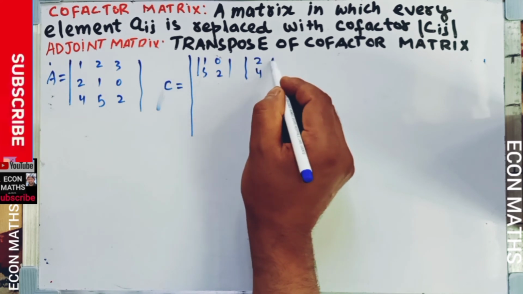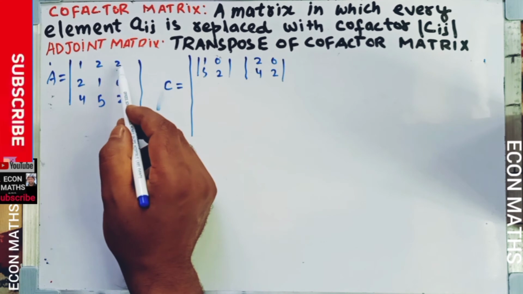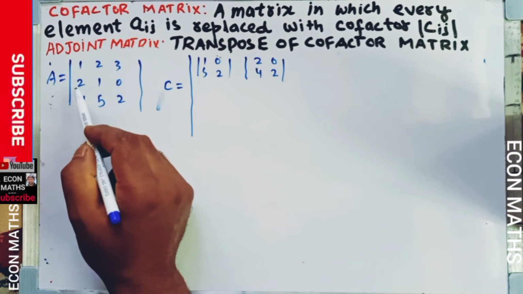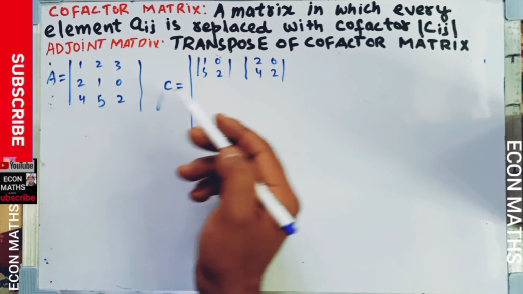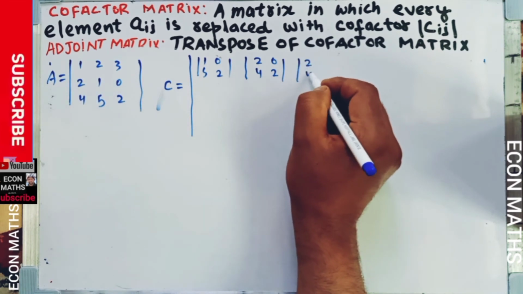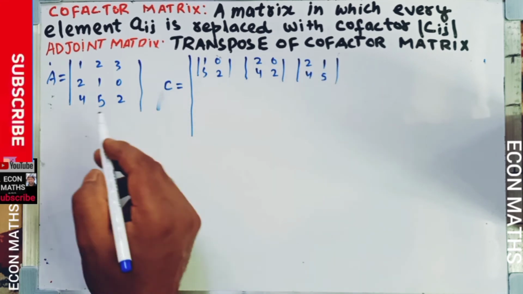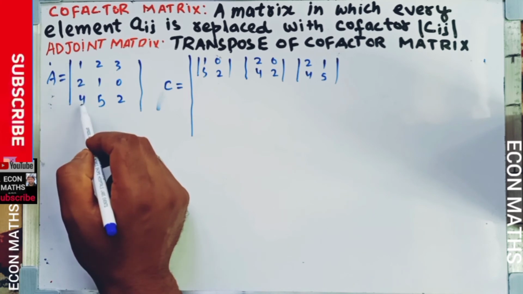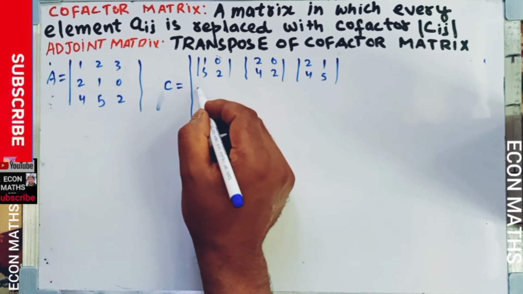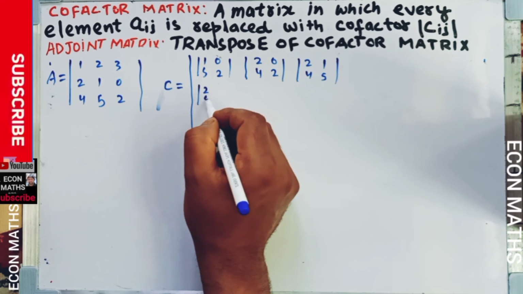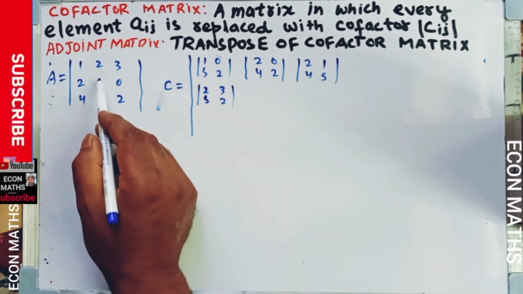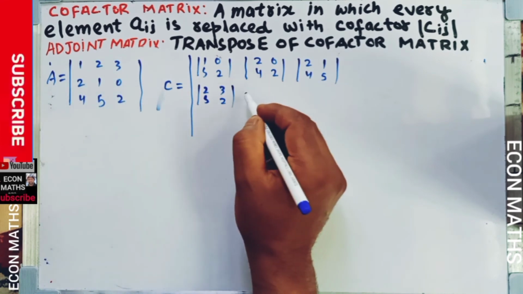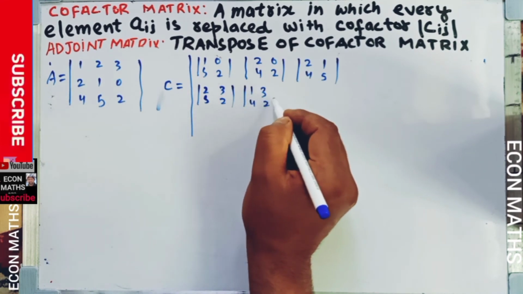Similarly, the third one, delete the row and the column in which it appears. The remaining elements are 2 4 1 5. Similarly, for this 2, we get 2 5 3 2. Similarly, for 1, we get 1 4 3 2.